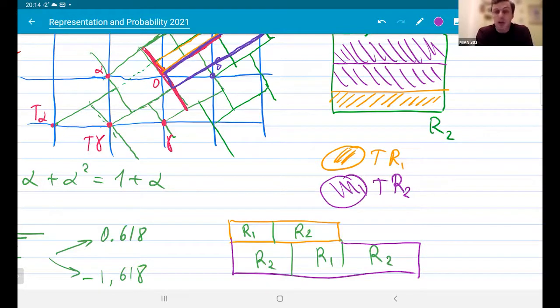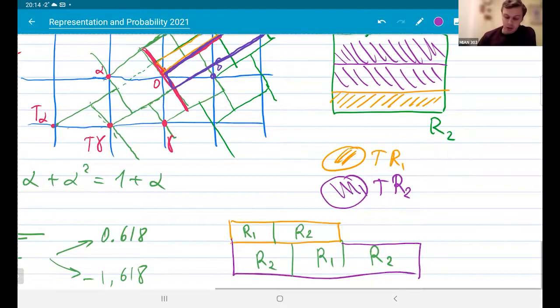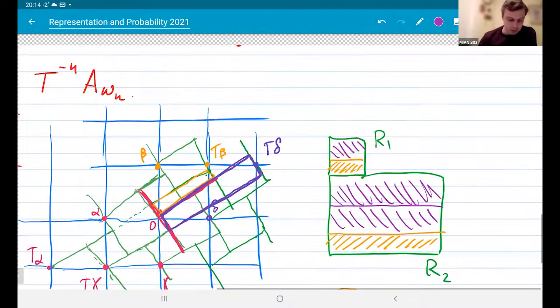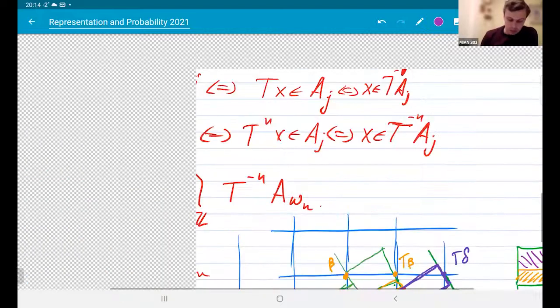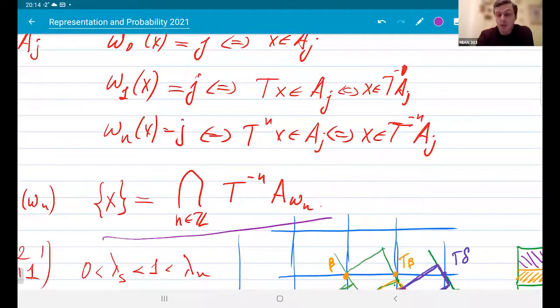Дальше мы должны рассматривать вот такие пересечения, как нам здесь указано. И надеяться, что если мы все сделали правильно и нам повезет, что это пересечение будет состоять из одной точки. Ну и тогда все заработает.